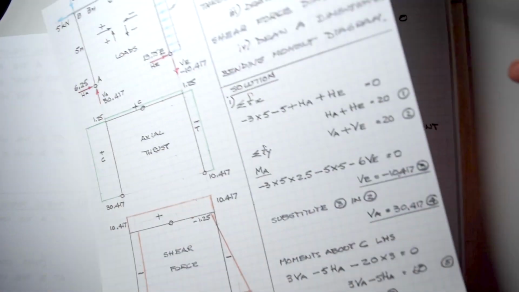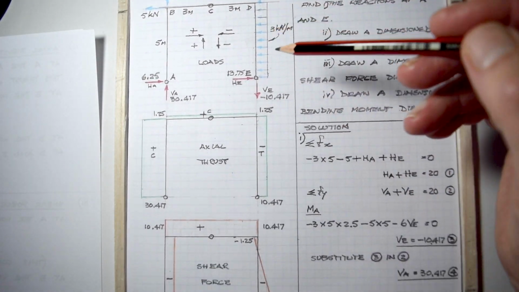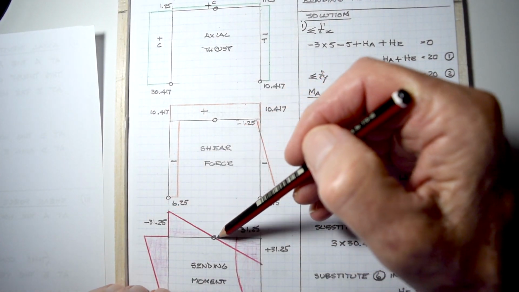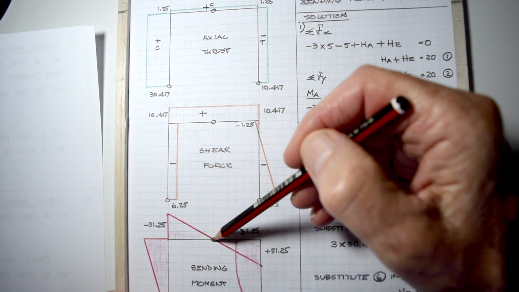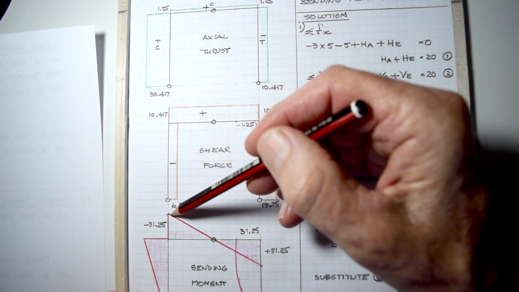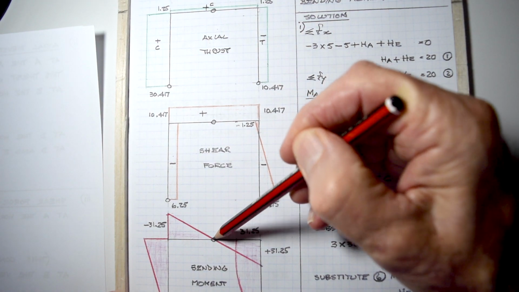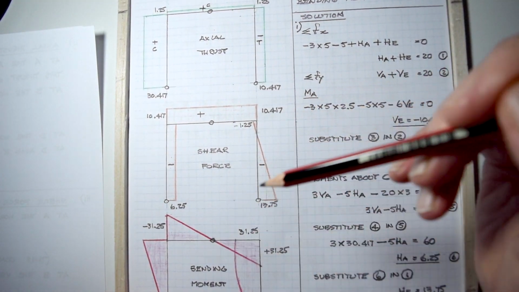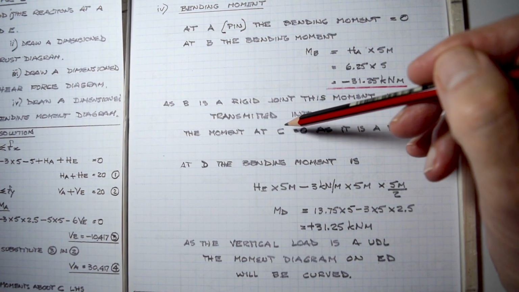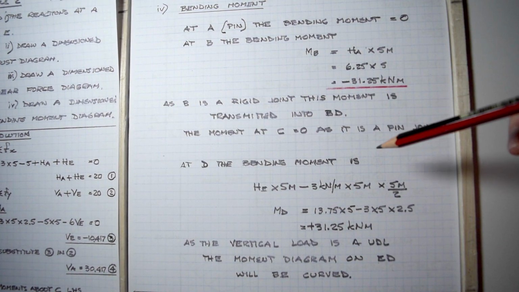And because there are no other loads acting on this, you end up with a straight line going straight through there like that, because there's no forces changing the moment. So this 31.25 goes along and diminishes until it passes through that point, because there's no moment at that point. The moment at C is a pin joint.